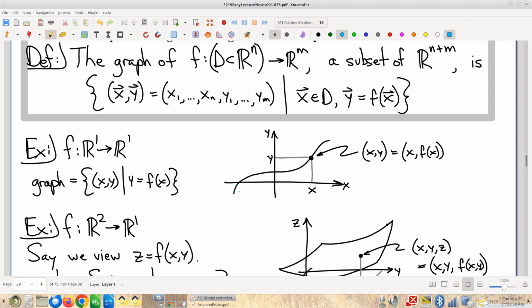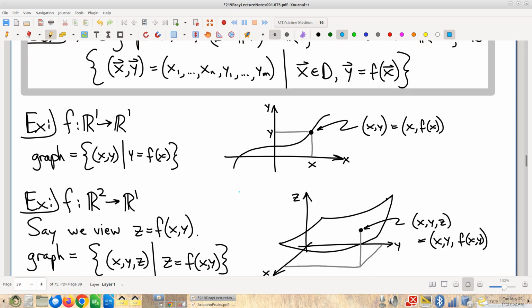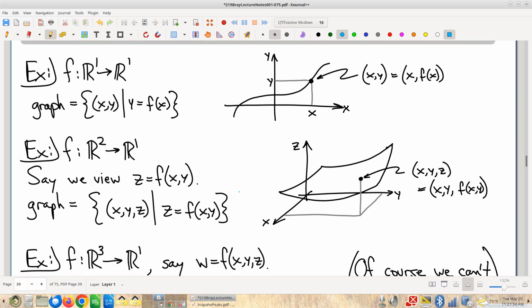Okay. All right, so let's apply these ideas to our very first multivariable function. Here we go. Function from R2 to R1. Well, let's see here. The inputs are now points in the xy plane. X and y are both inputs. So the input point is a point in 2 dimensions.